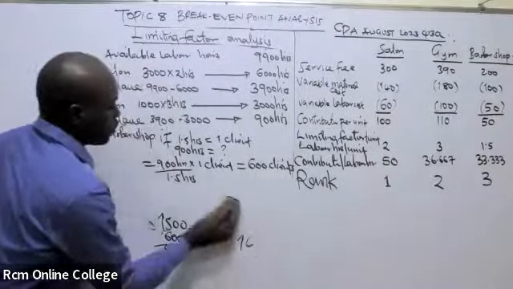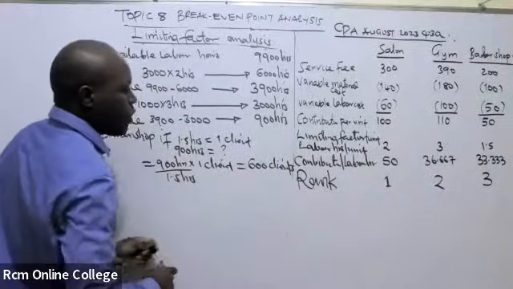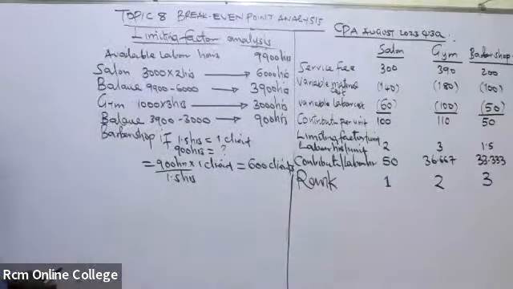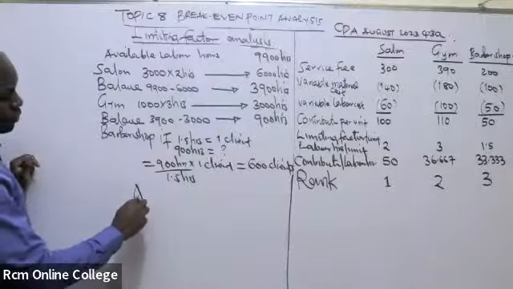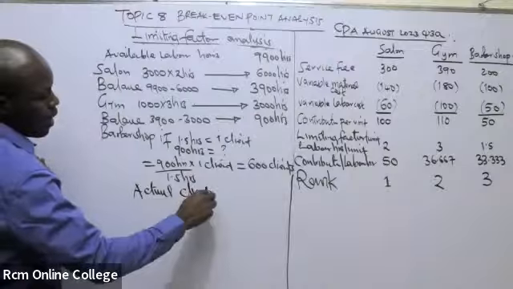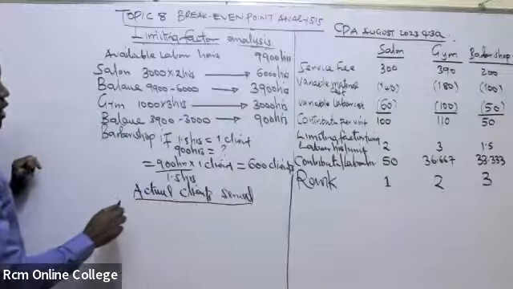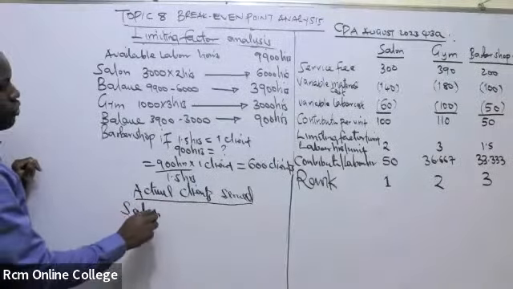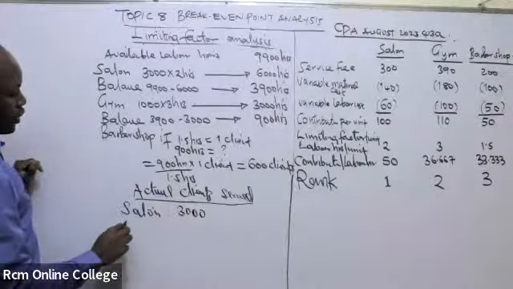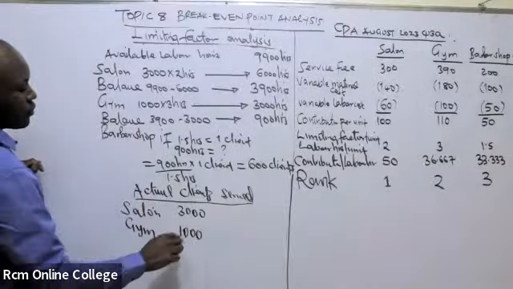Now, if you are to do the production, if you're dealing with the goods, the number of people actually served. So actual production or actual clients served. Number one, in the salon, you will serve all the 3,000 clients. In the gym, you will serve all the 1,000 clients.